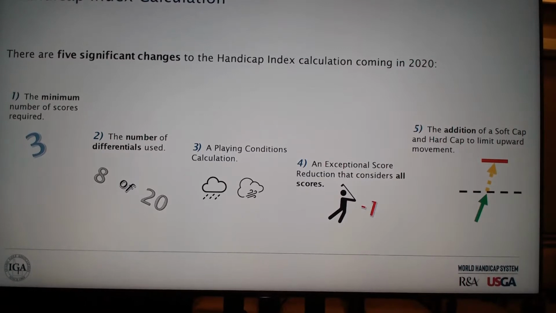We need to make sure that our handicap indexes reflect our true ability and not be doing anything shady or mischievous to adjust our handicaps manually. There's a lot of functionality to this new system that's going to take care of that, but it truly is on us as individuals to make sure that we're being honest with the scores we post, just as always.